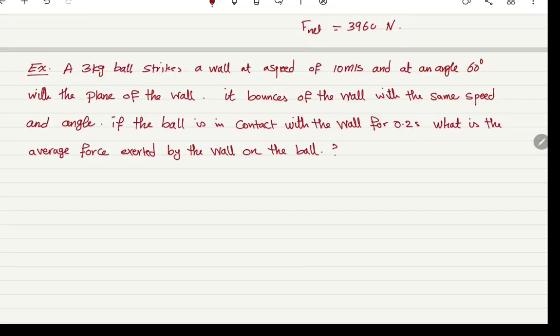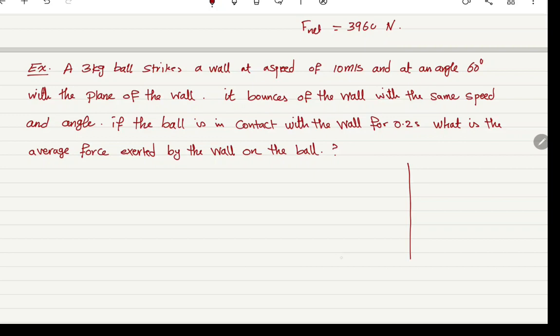Example: a 3 kilogram ball strikes a wall at a speed of 10 meters per second at an angle of 60 degrees with the plane of the wall. It bounces off the wall with the same speed and angle. If the ball is in contact with the wall for 0.2 seconds, what is the average force exerted by the wall on the ball? Now let's draw the situation.